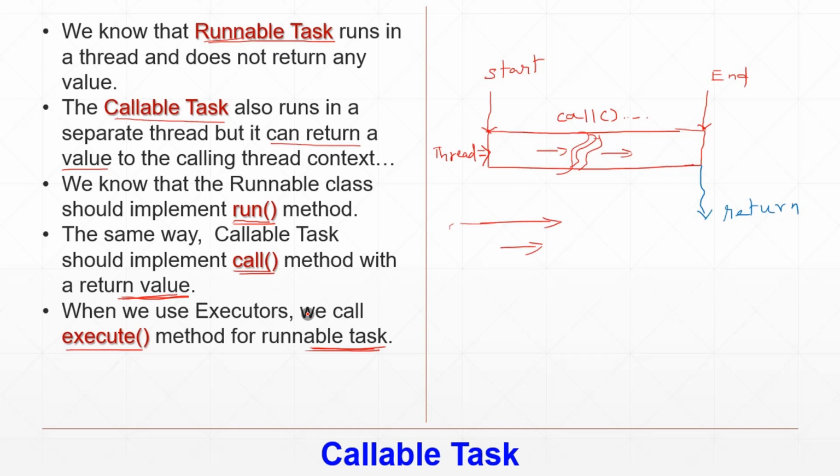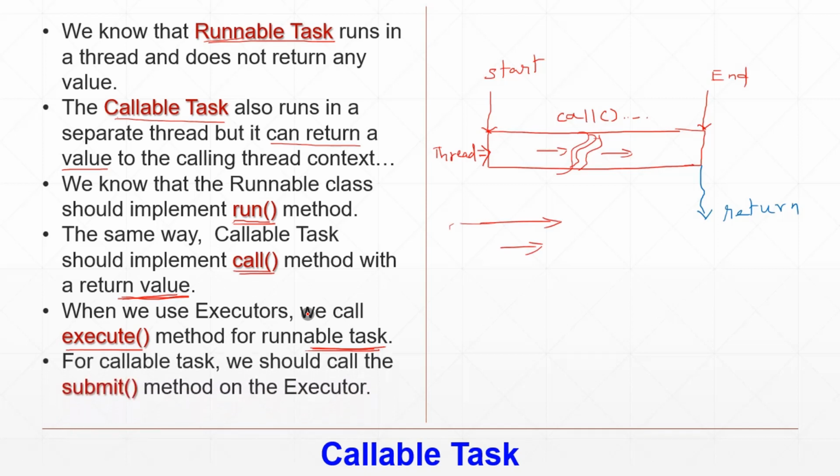In both cases, we used the ticker task, which is a runnable interface based task, and we gave that task to the executor using the execute method. For callable task, we should call the submit method. So when you are using an executor, the execute method is for runnable task and the submit method is for callable task.